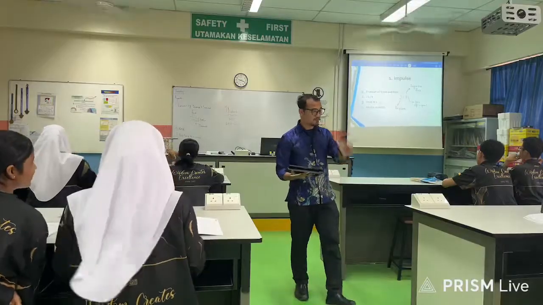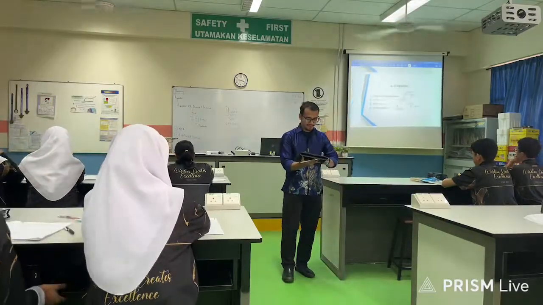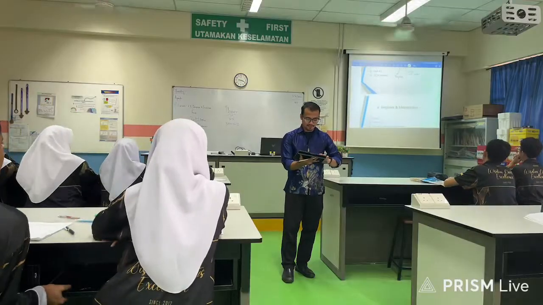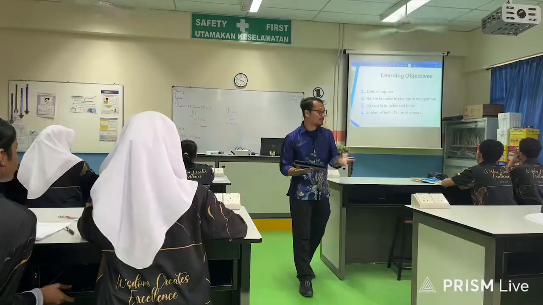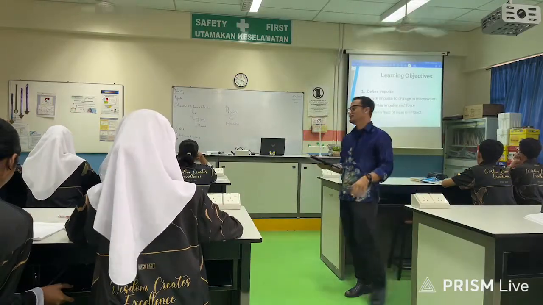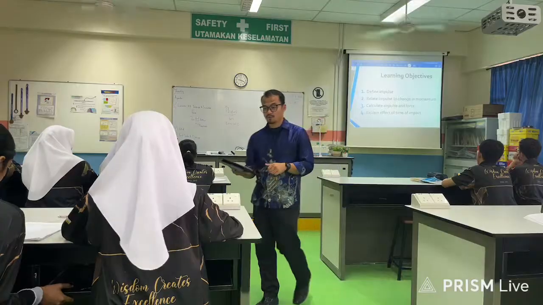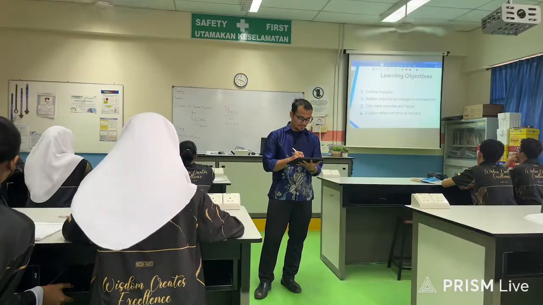Vector quantity, we have two values, magnitude and direction. Okay. Right. Okay, so next. So far, the definition of impulse. Any question? Okay, I will give you the facts first, and then we will try to do a few questions. Okay. So the definition of impulse.